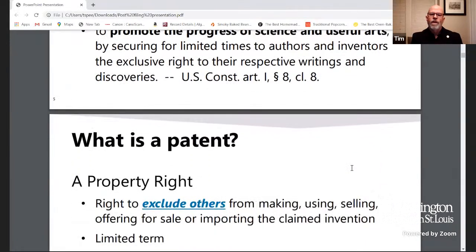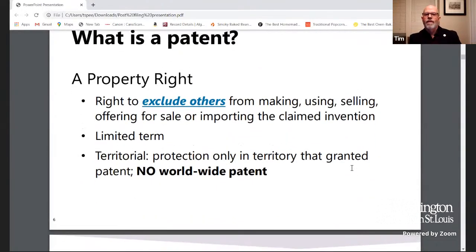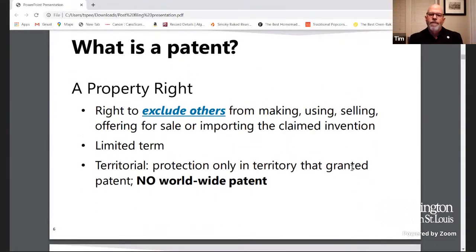And so what is a patent? A patent is a property right. But unlike many property rights, if I buy a house, I have that thing and that's the right I have. What a patent gives you is the right to exclude others from doing something. You exclude others from making, using, selling, or offering for sale that which you have claimed in your patent.